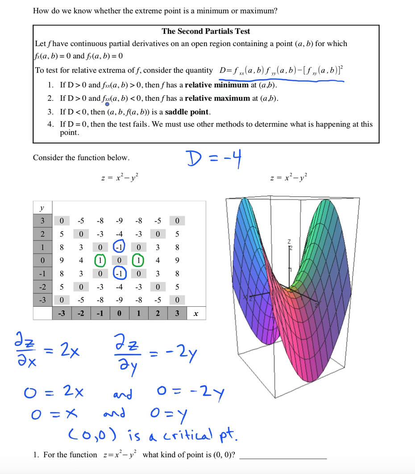If d is greater than 0 and fxx is less than 0, then you have a relative max. We actually have the third case here, where our d is less than 0, and therefore we have a saddle point. And you can see why it's called that. The function looks like a saddle.